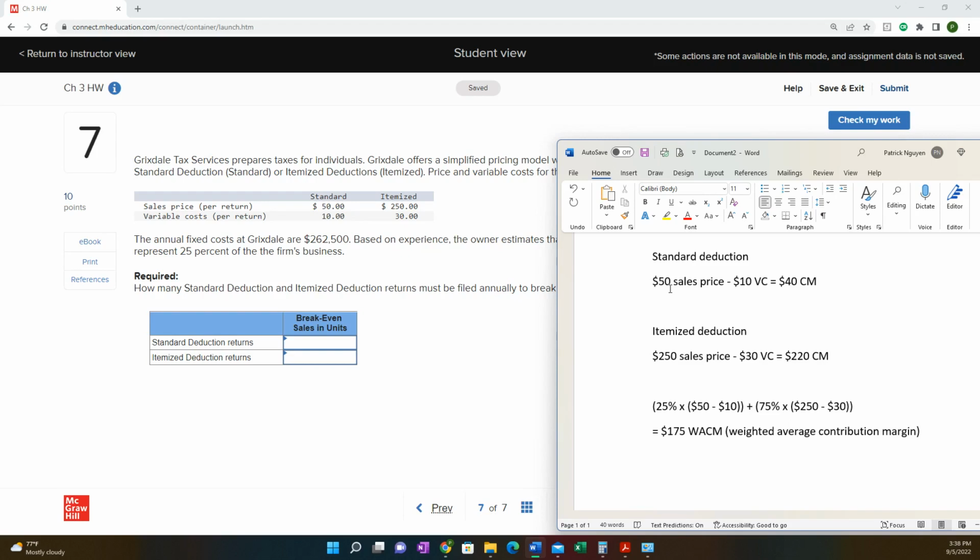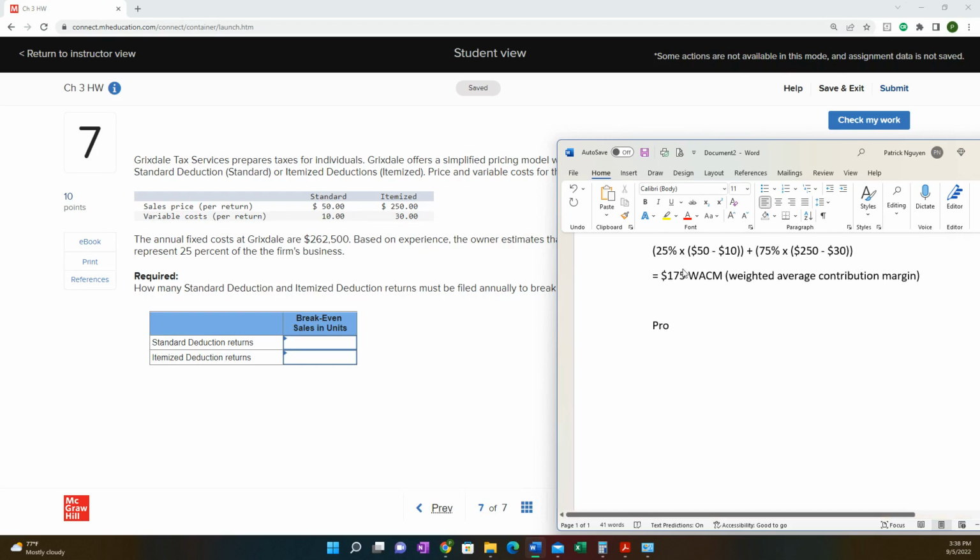So again, we use the equation, which is that profit equals the price minus the variable cost times the number of units minus fixed costs. And since we're calculating the break-even point, our profit is 0 at that point. We know that our price minus variable cost is the same as contribution margin, which we already calculated. Our contribution margin is 175.